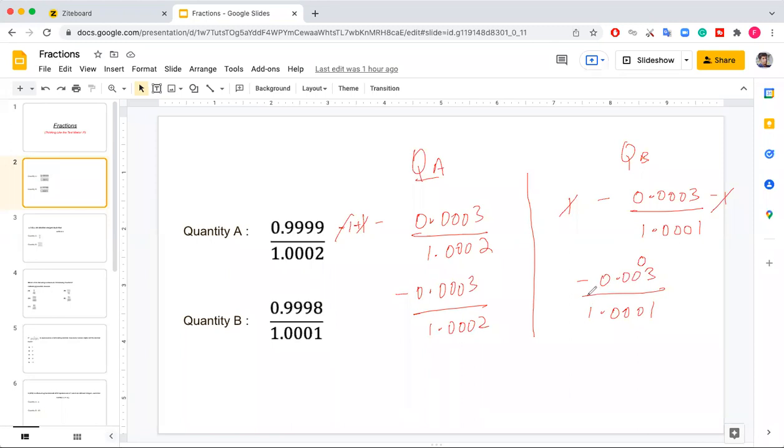We just subtract 1 from both quantities.